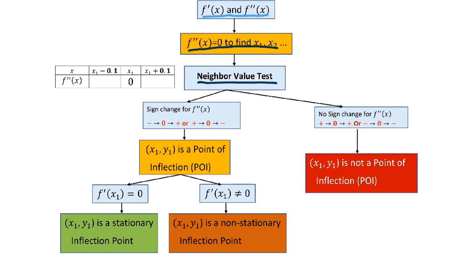If there's a sign change for the second derivative, this point is a point of inflection. If the first derivative equals 0, we call it a stationary inflection point. If the first derivative does not equal 0, it is a non-stationary inflection point. If there is no sign change for the second derivative, this point is not a point of inflection.